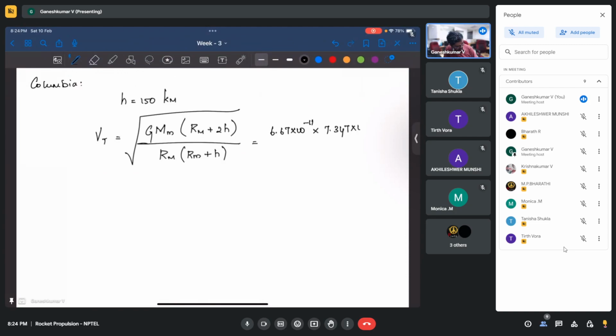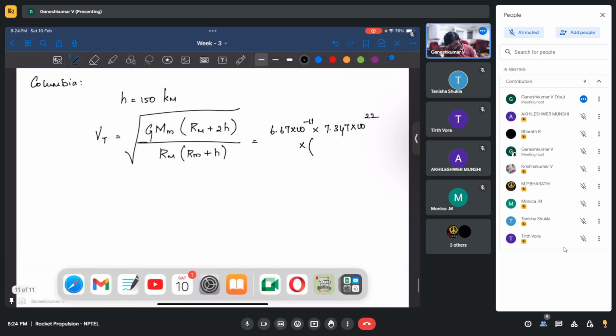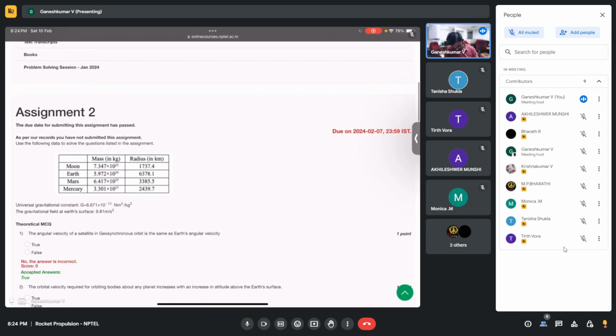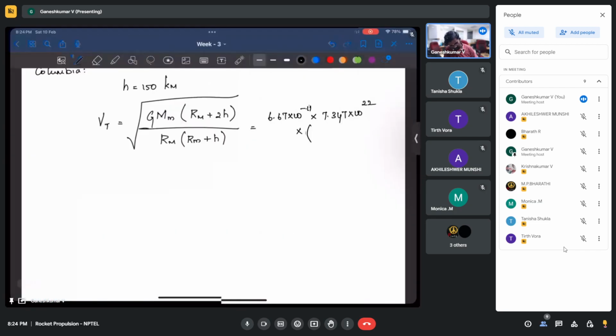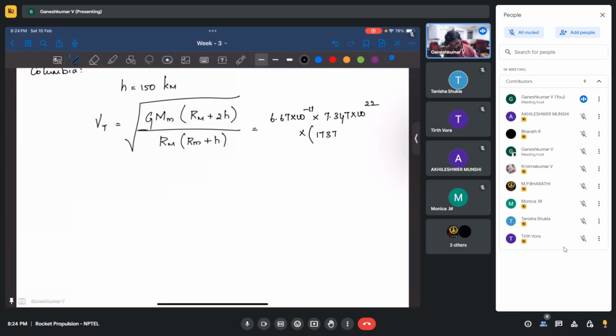Radius of the moon, 1737.4 into 10 power 3, plus 300 into 10 power 3, divided by 1737.4 into 10 power 3 into 1737.4 into 10 power 3.